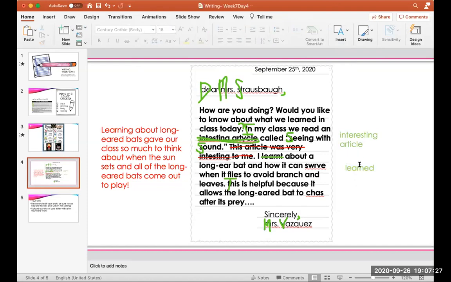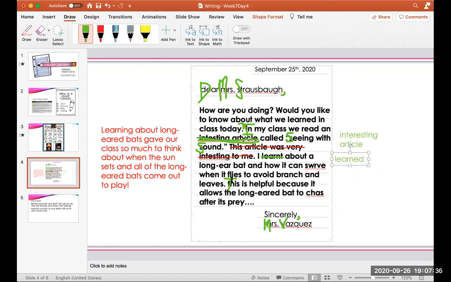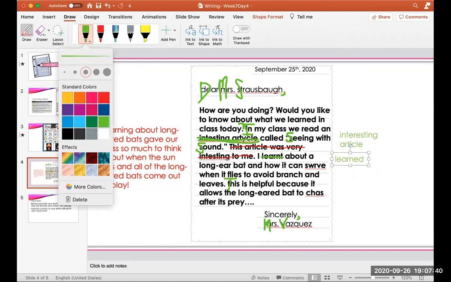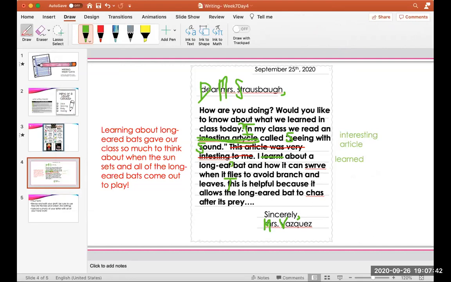All right. Learned about a long-eared. Gotta add that ED. I'm just going to draw it in there. ED, learned. Long-eared bat. And how it can swerve. That's not how we spell swerve. I remember.